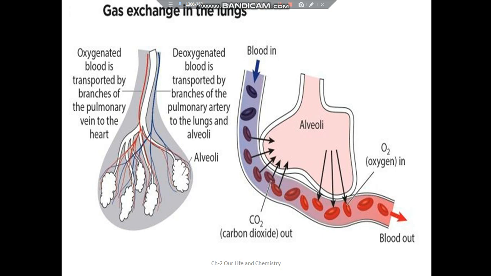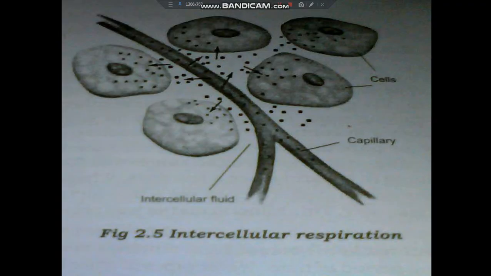Now from the capillaries the oxygen then leaves the hemoglobin and passes from the blood into the intercellular fluid. These are the capillaries which are carrying our oxygenated blood. Now the oxygen from here then goes into the intercellular fluid.